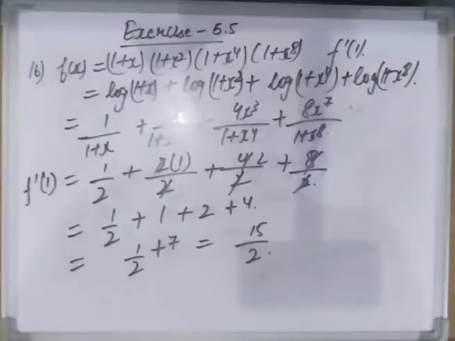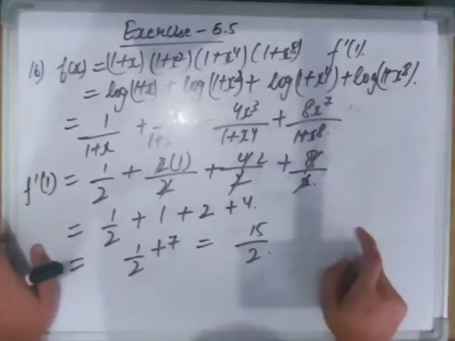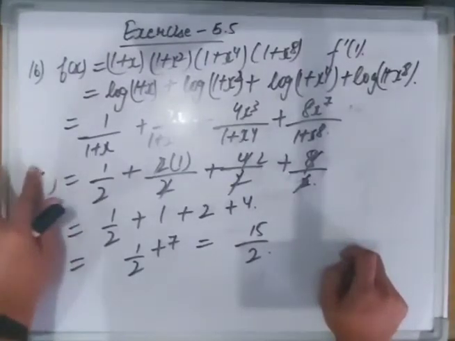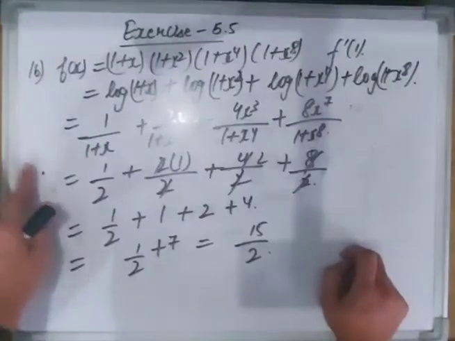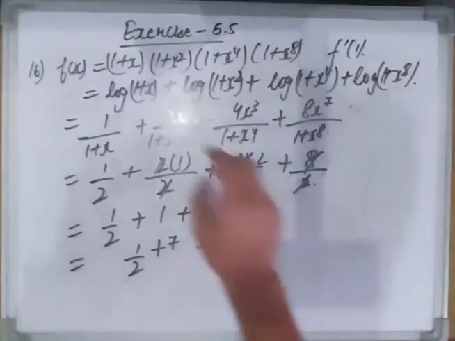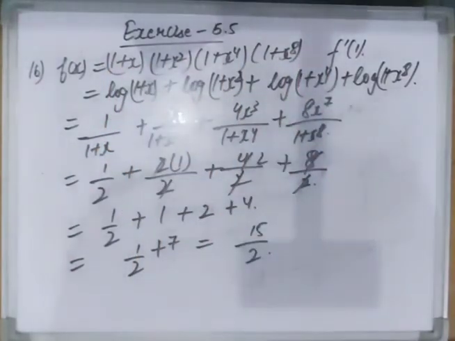Oh sorry, we made a mistake over here. F dash 1 is not this. What you need to do here is multiply this term again.